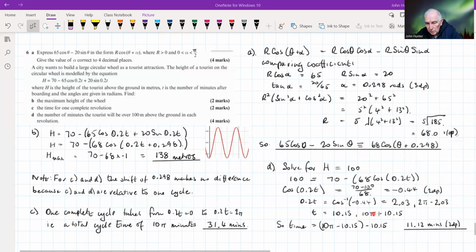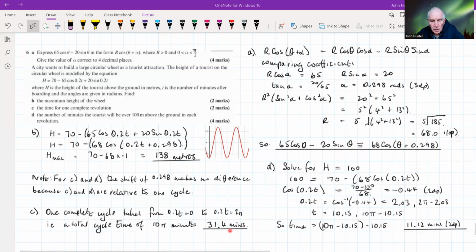This time is greater, so we're going to subtract 10.15 from this. In other words, it's going to be 10 pi minus 20.3, which is going to give us 11.12 minutes. So that is the time for which the tourist will be over 100 meters above the ground in each revolution.